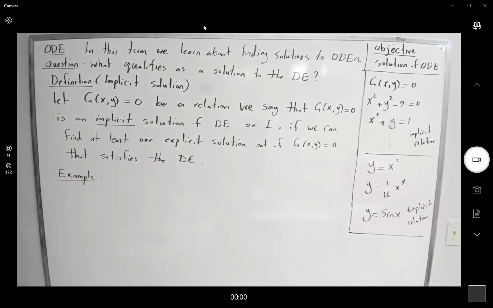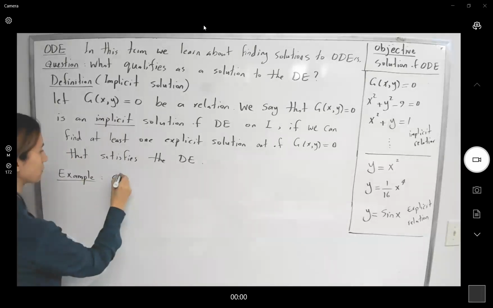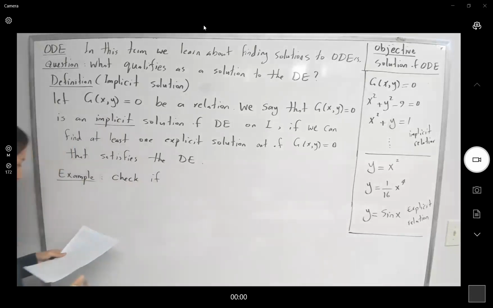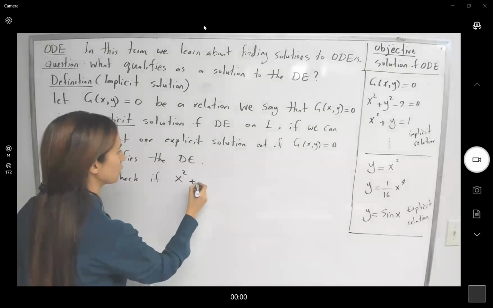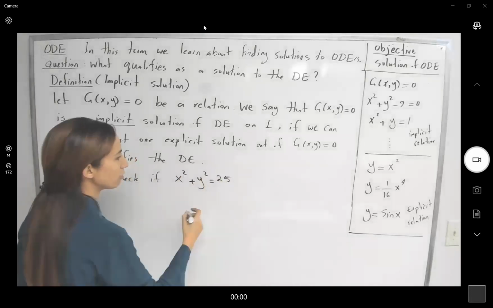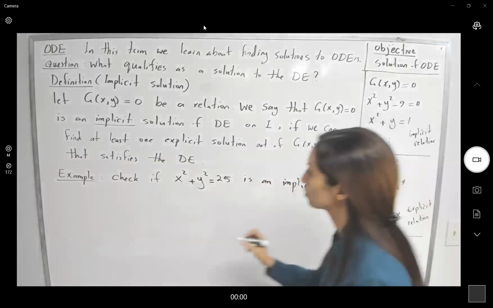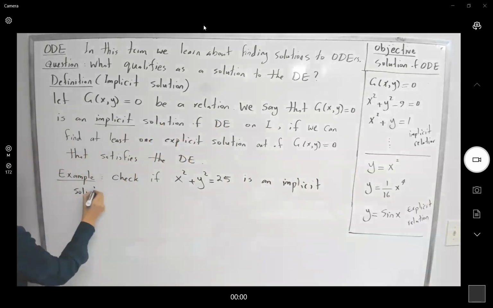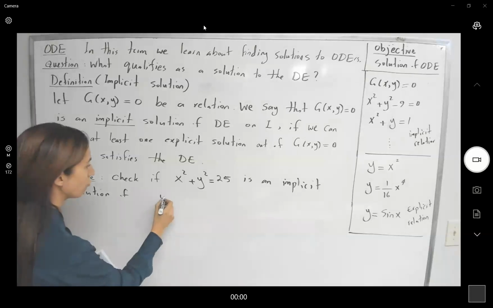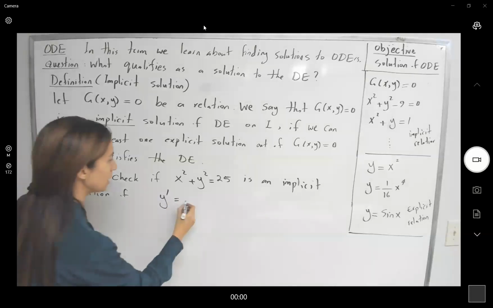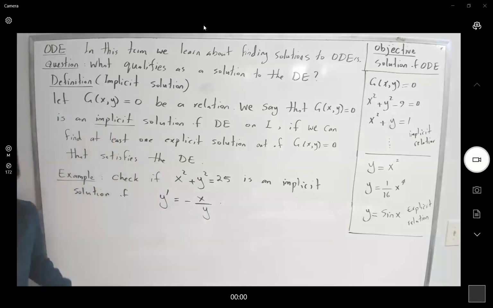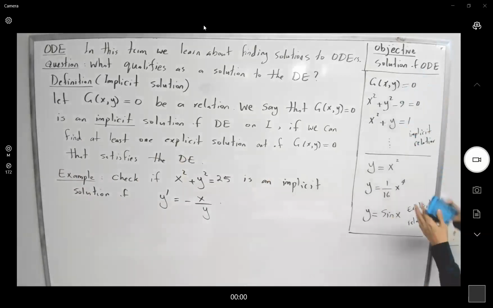This example says, well, check if x squared plus y squared equals to 25 is an implicit solution of the differential equation, which is given to us as y prime equals to negative x over y. Very well. Okay. So let me erase this part of the board.